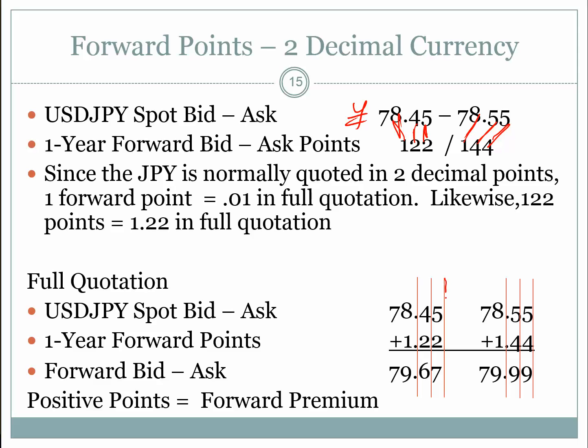The 122 lines up at the first and second decimal place for the 2 and the 2, and this one's in the ones column. So to add 122 points to an exchange rate of 78.45, I'll add 1.22. And on this one I'm going to add 1.44 to get an outright quotation.